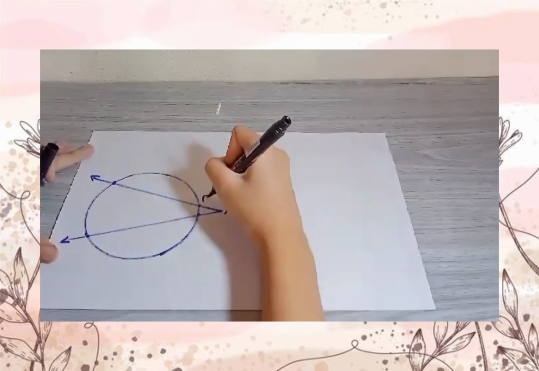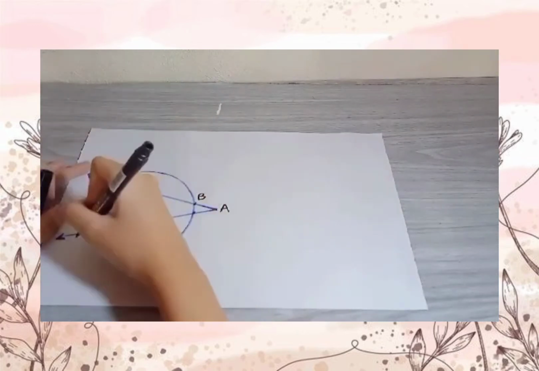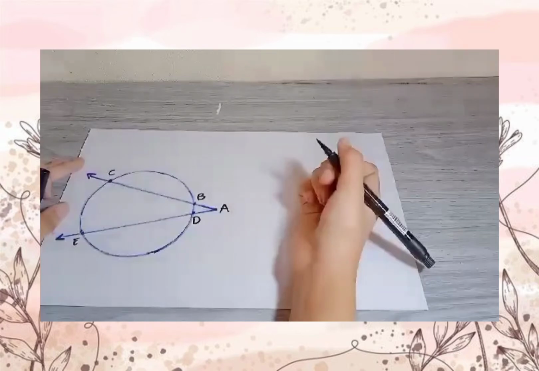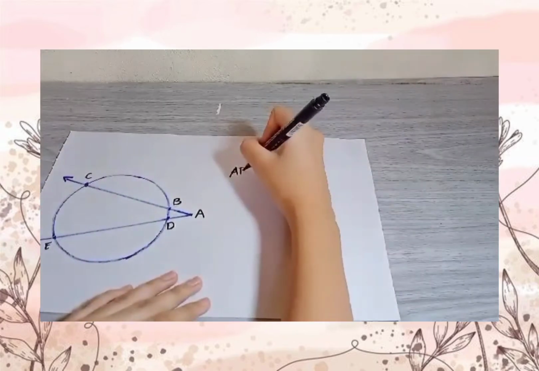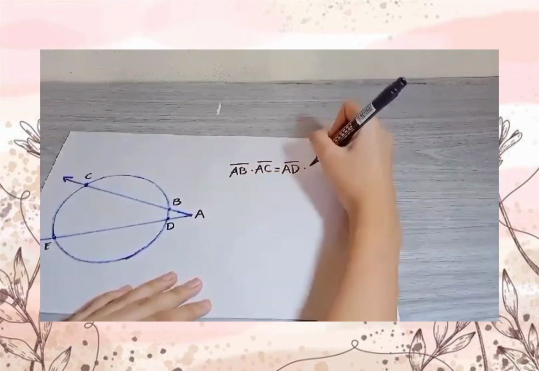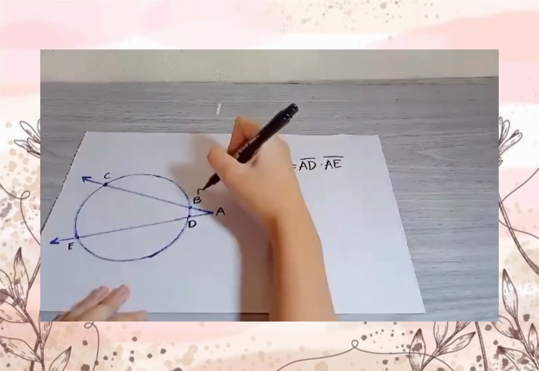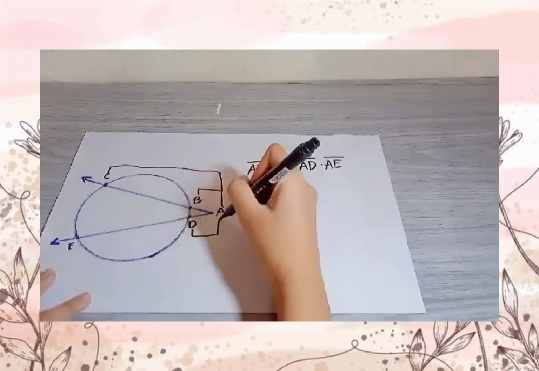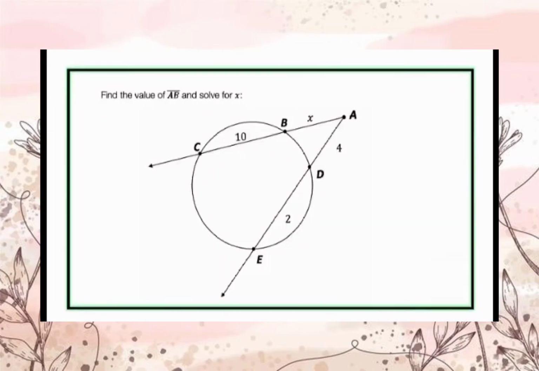When we have intersecting secants, there's actually a theorem we can use to find any missing length. The theorem states that AB times AC is equal to AD times AE. Notice that this is over here.